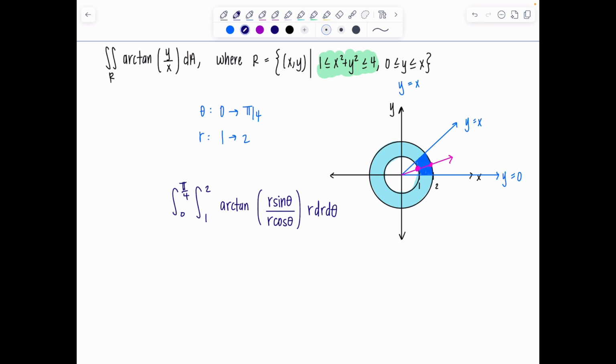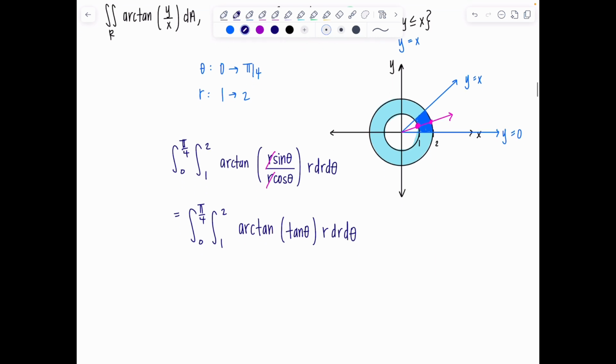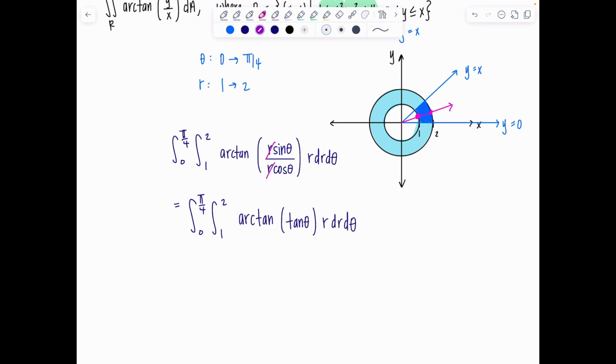Okay, these r's cancel. Now we have 0 to pi over 4, 1 to 2, arctan of sine theta over cosine theta is tan theta, r dr d theta. Do you see that? So then basically, this is just going to give me theta when I simplify.